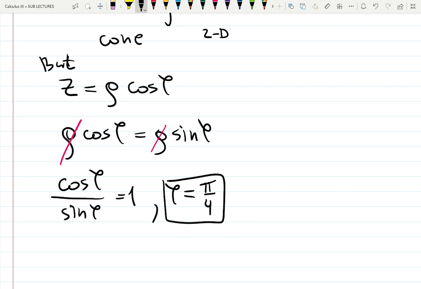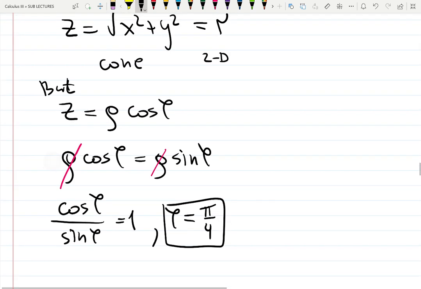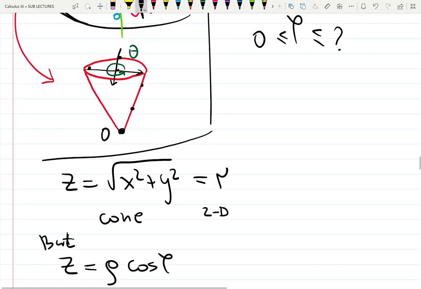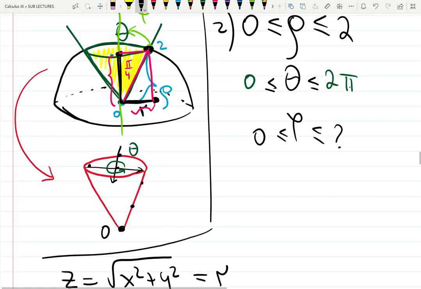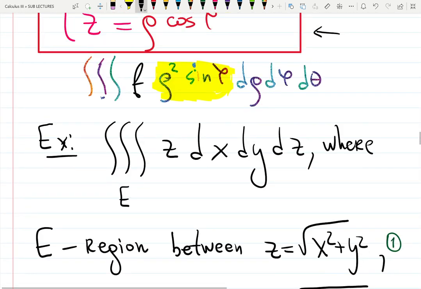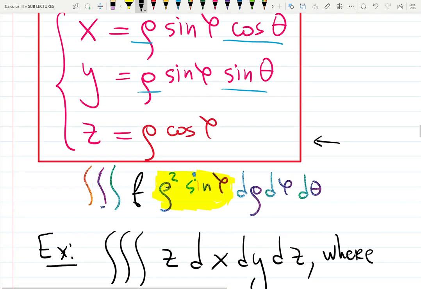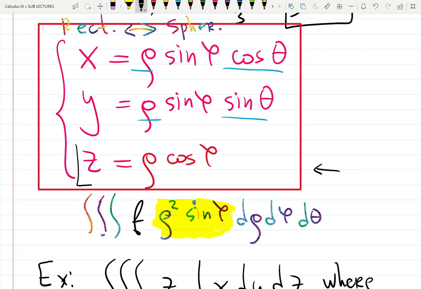Yes? Where did we get the rho sine from? Let's see. The rho cosine is coming from here. That's my z.